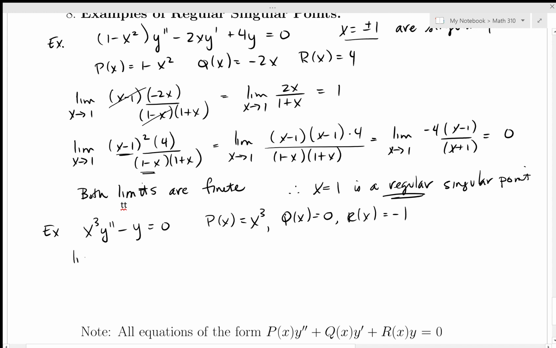The limit as x goes to 0, the singular point x naught is 0, of x minus x naught, times q of x divided by p of x.